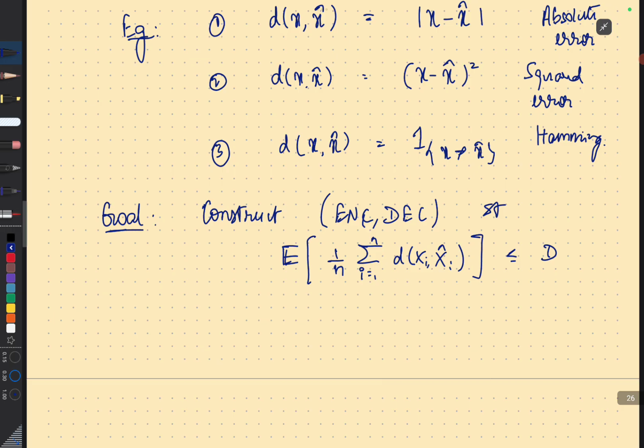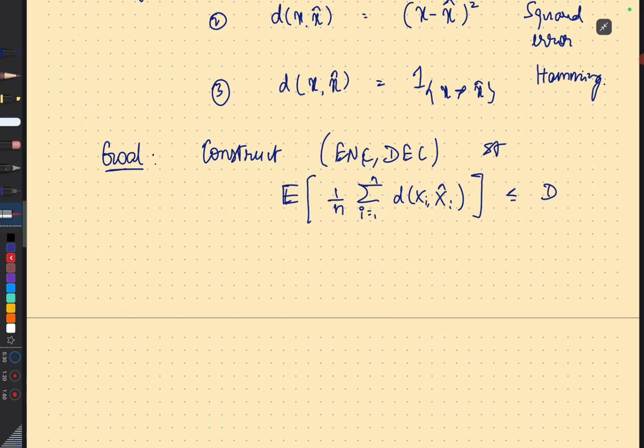So for example, if you are working with the absolute error distortion, this basically says that the mean absolute error should be at most capital D. If you're using squared error distortion, then you're saying that the mean squared error should be at most capital D. If it's the Hamming distortion, then you want the average Hamming distortion to be at most D. This quantity is sometimes called the per letter distortion.